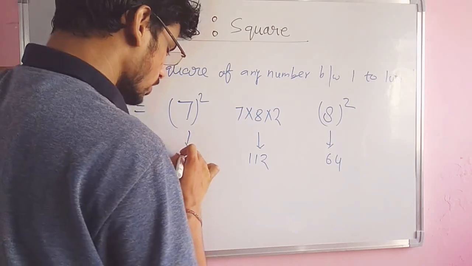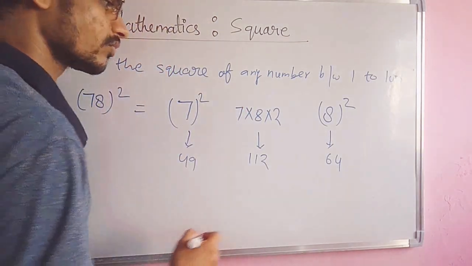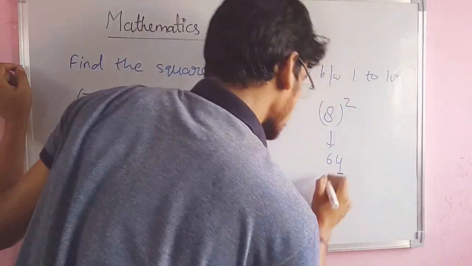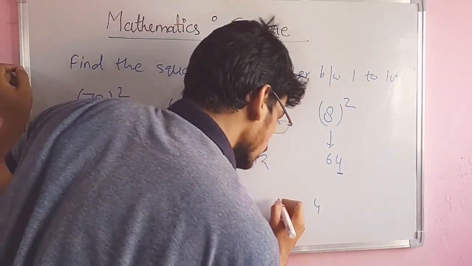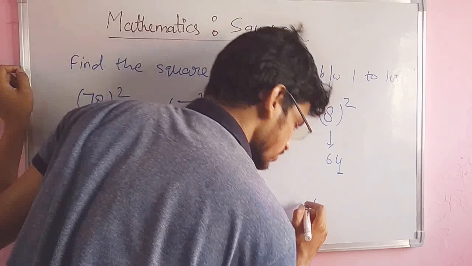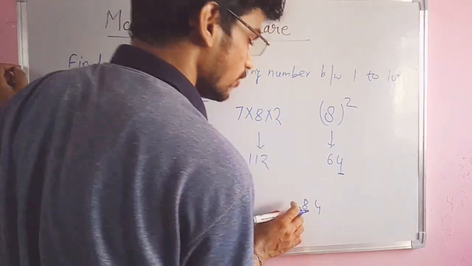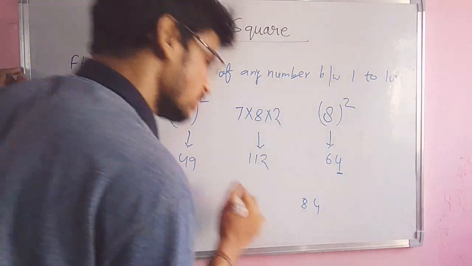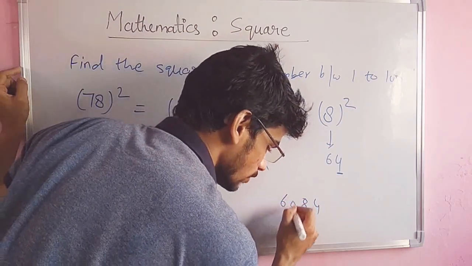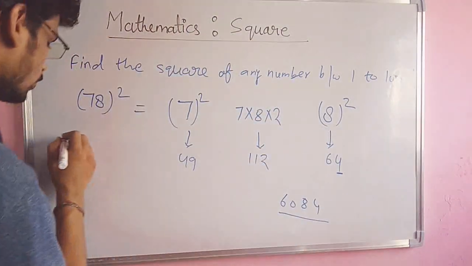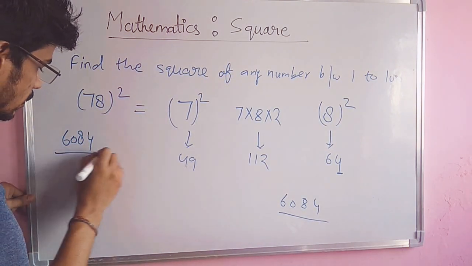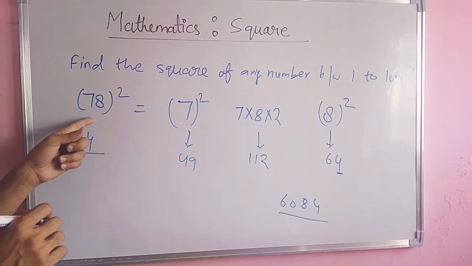Here 7 squared is 49. Note down the 4, 6 as a carry into the 112. 112 plus 6 is 118. 11 carry into the 49. 49 plus 11, that is 60, so we get 6084, the square of 78.